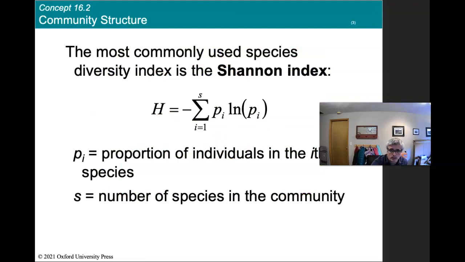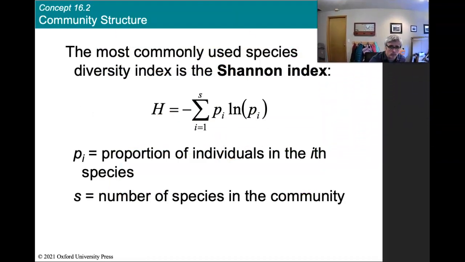And if we want to combine this and look at an index we can measure and compare between sites or through time, one of the most common ones is called the Shannon index, and we'll walk through this. The equation looks a bit scary, but we'll walk through it, and hopefully it makes sense.